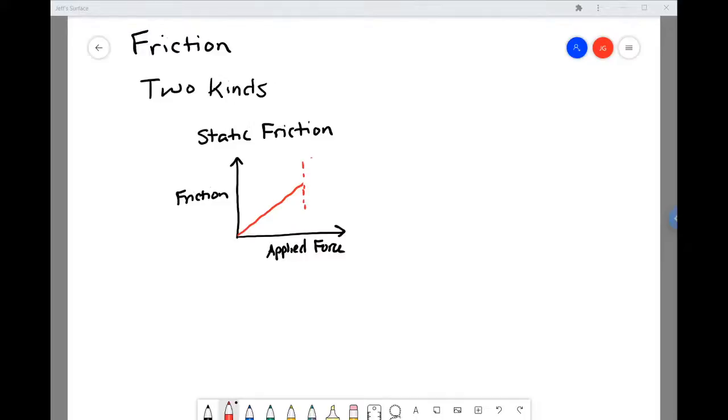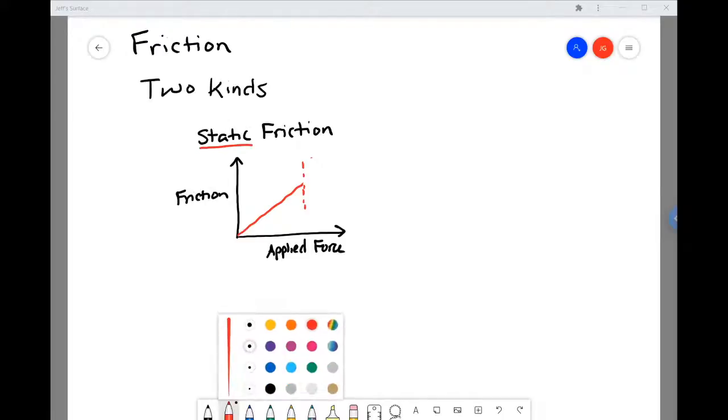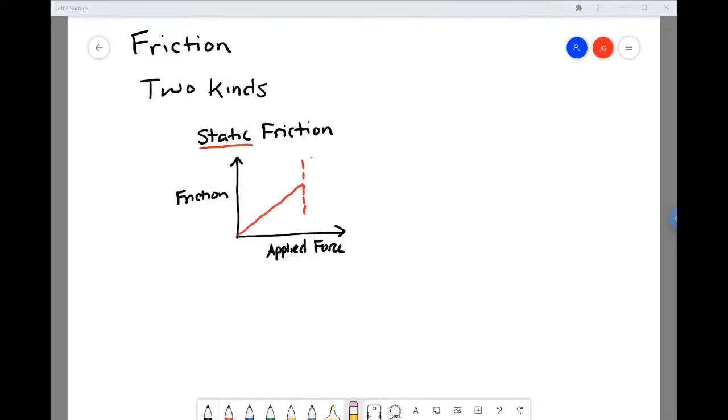Okay, there's a point where the applied force is too great, here, static friction is red here, and static friction can no longer compensate, can no longer oppose the force.